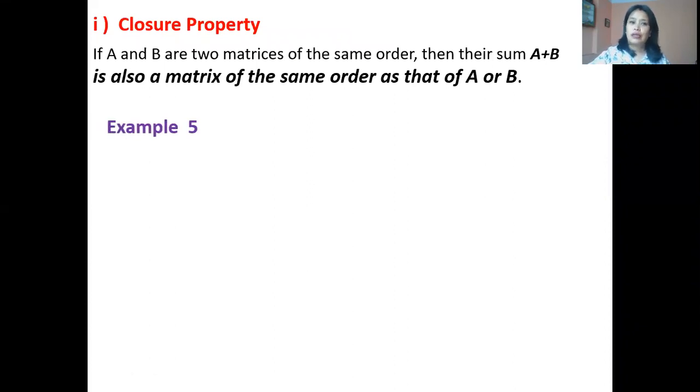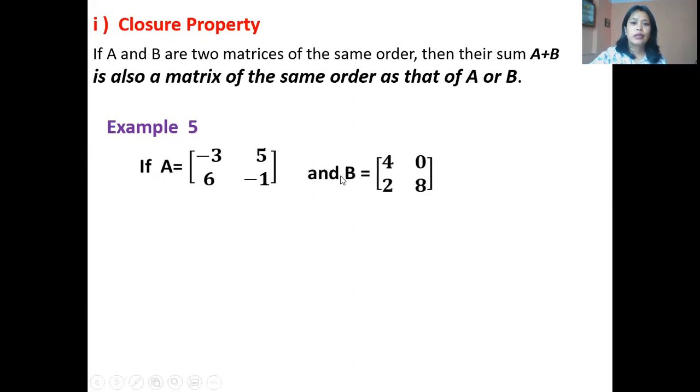Let's learn this property with an example. Here, a matrix A is taken with 2 rows and 2 columns. And B is another matrix taken with the same order, 2 by 2. Both of them are of the same order.